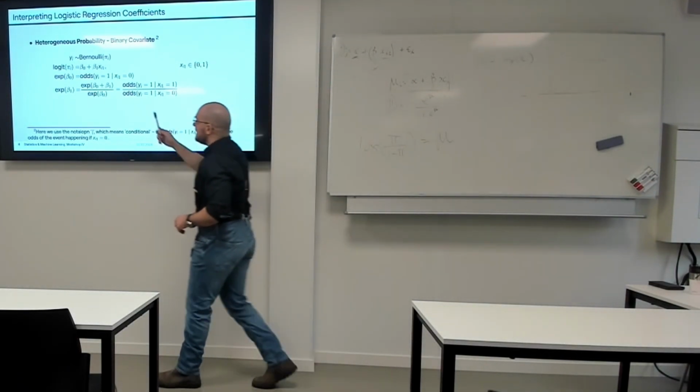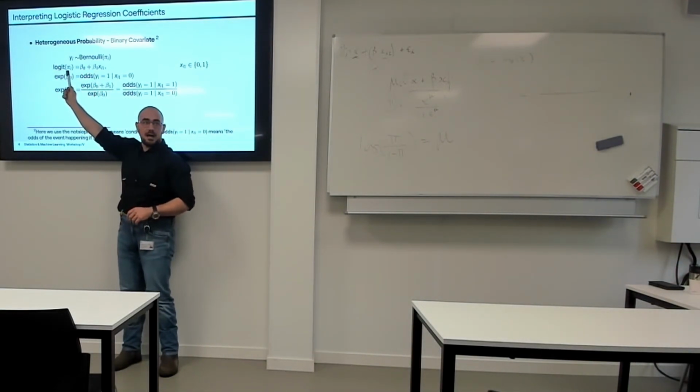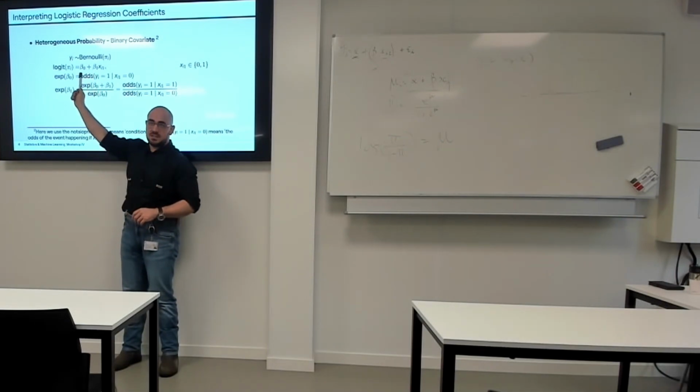So in the linear scale, beta 0 is the value of the log odds of pi when x is equal to 0. If I set x equal to 0, what is the value of the log odds? Just the intercept. Yes. So beta 0 is the value of the log odds when x is equal to 0.